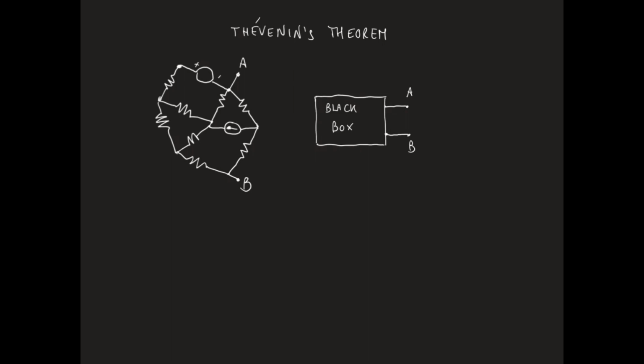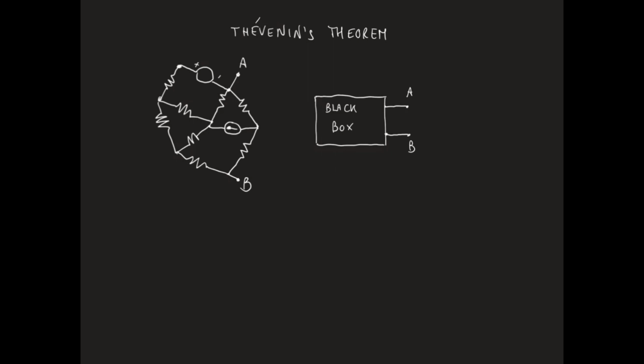Considering the rest of the network as a black box means that we are not so much interested in the specific configuration of the network as in the way the network affects whatever is attached between the two nodes.